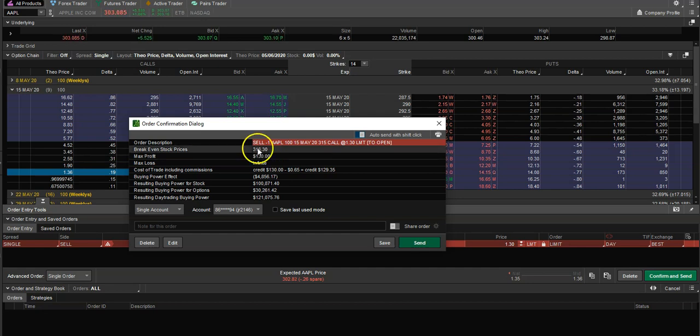Now, if it closes below 315, my strike, I keep the whole $130, okay? If it goes above 316, I start to lose dollar for dollar, right? Now, my buying power is going to be a lot more expensive.